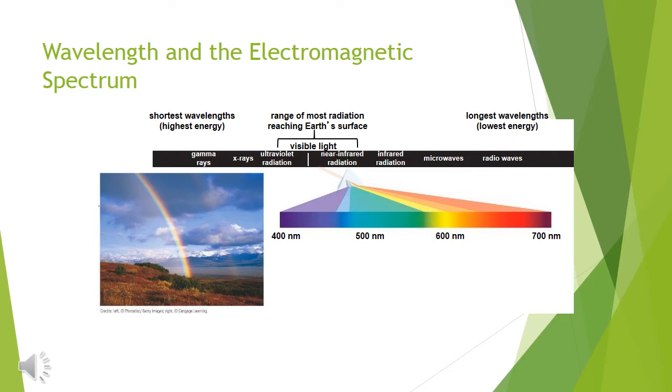There's the gamma rays, which are the shortest wavelength, but the highest amount of energy. And then on that far side, on the right, are your radio waves, which are those long waves that we've seen before when we've talked about radio waves, and they have the lowest amount of energy.